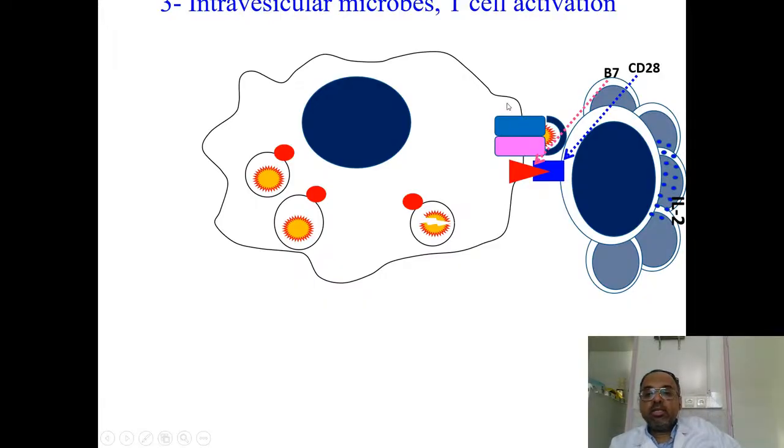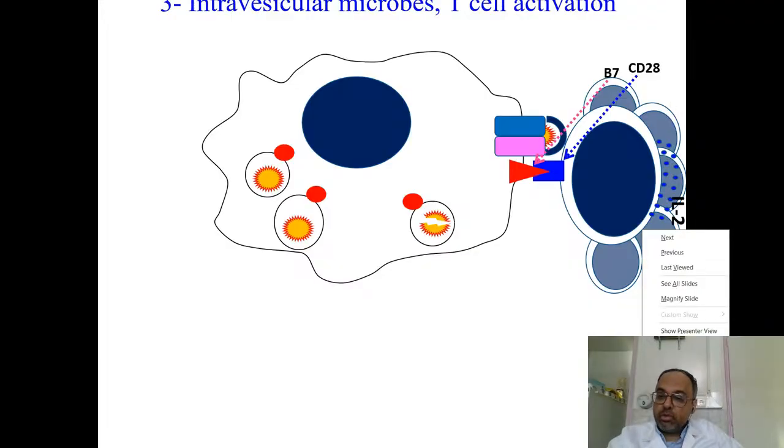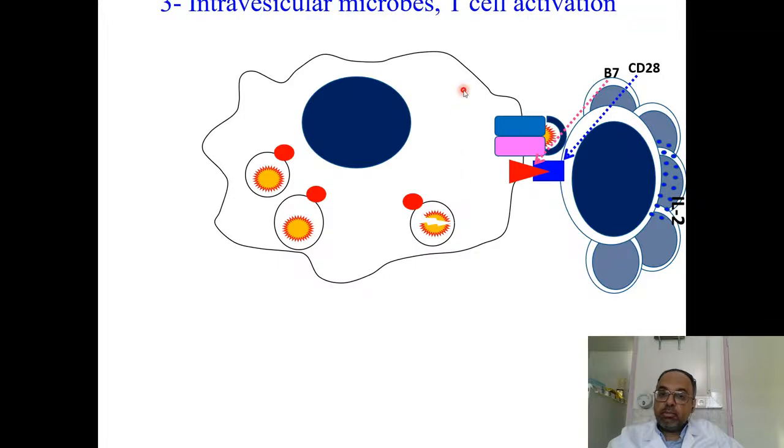Keep in mind that these schematic figures are for educational purposes. These are basically conceptual models. The molecules that I have here, like the MHC molecule, are very small, but the cells compared to those molecules are very big. So it's not a single MHC molecule with a single peptide and a single co-stimulatory molecule that are involved in activating T cells.